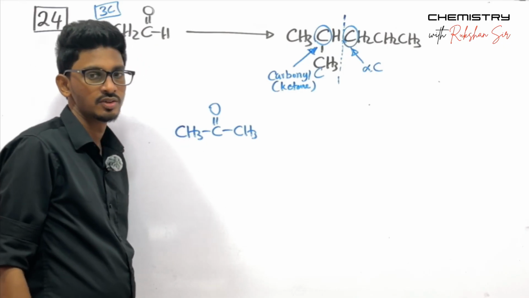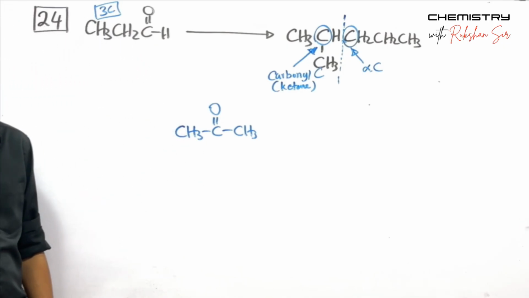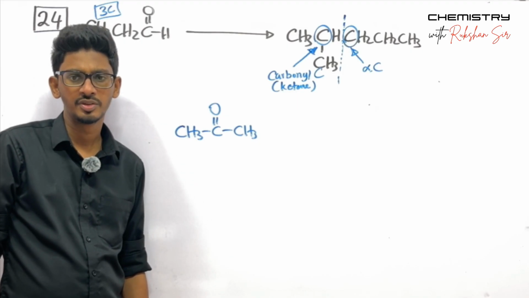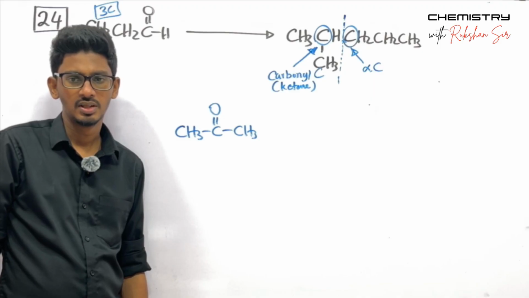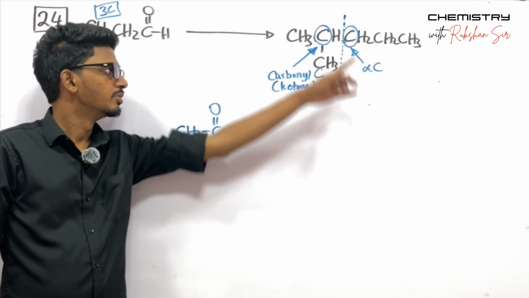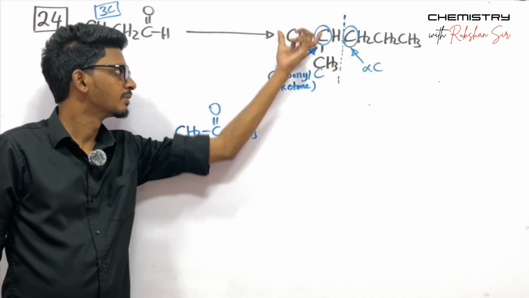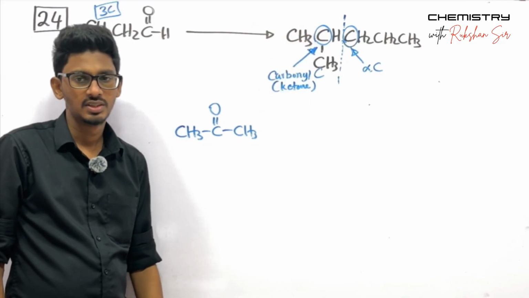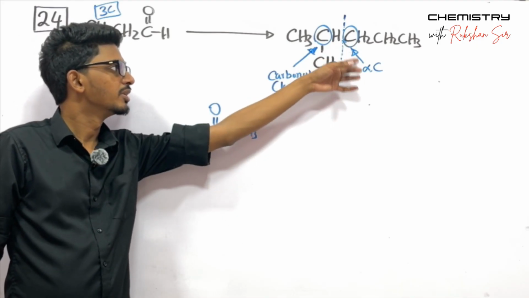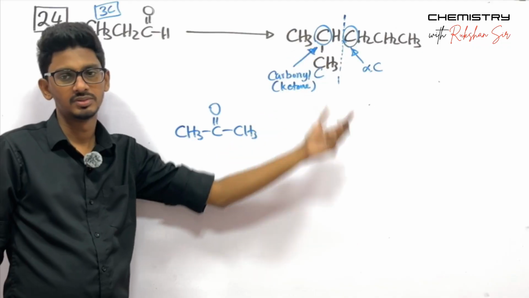Let's see whether this is a self condensation or a cross condensation. If this is a self condensation, this should be the alpha carbon of the same carbonyl compound. If it is a cross condensation, this is not going to be the alpha carbon of the same carbonyl compound.